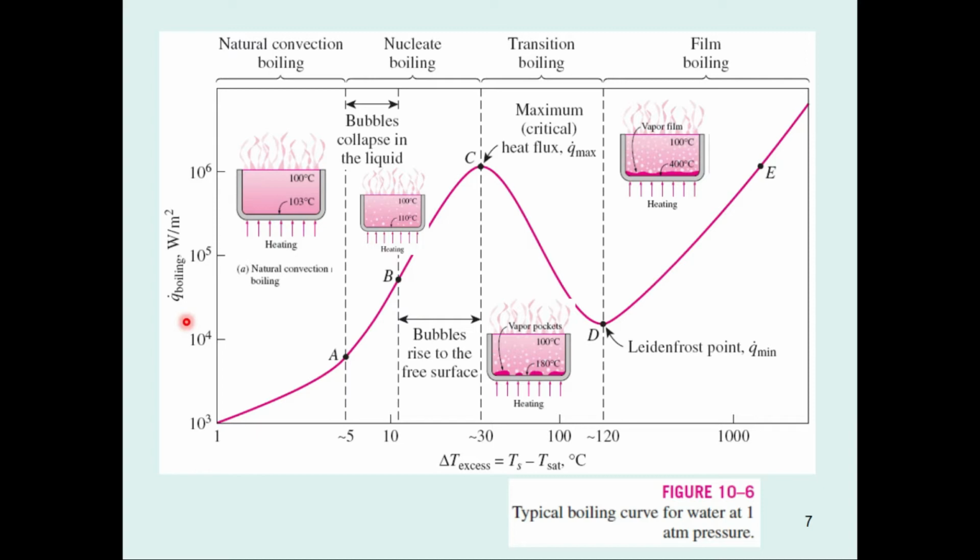We will see how the boiling heat flux changes as we increase the delta T excess. So this is all about the typical boiling curve. We will see the individual regimes of the boiling curve in the upcoming slides.